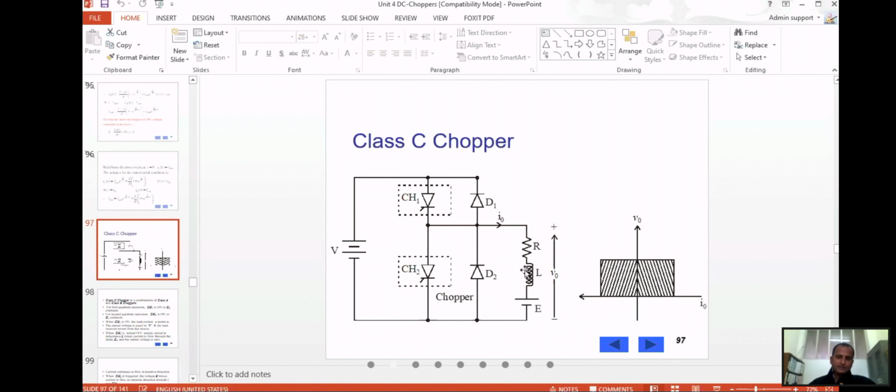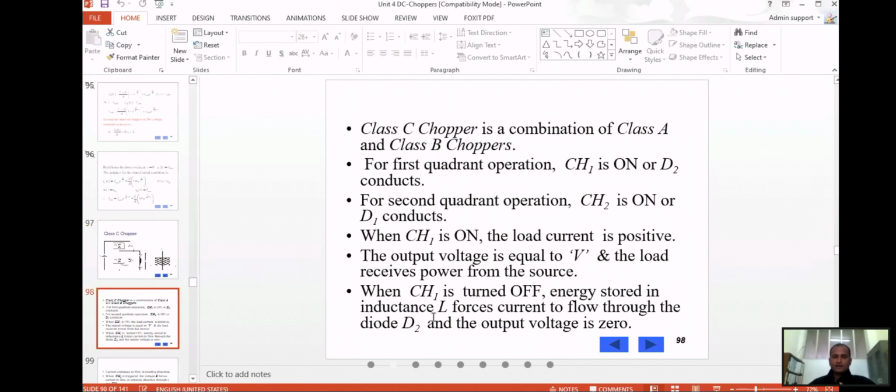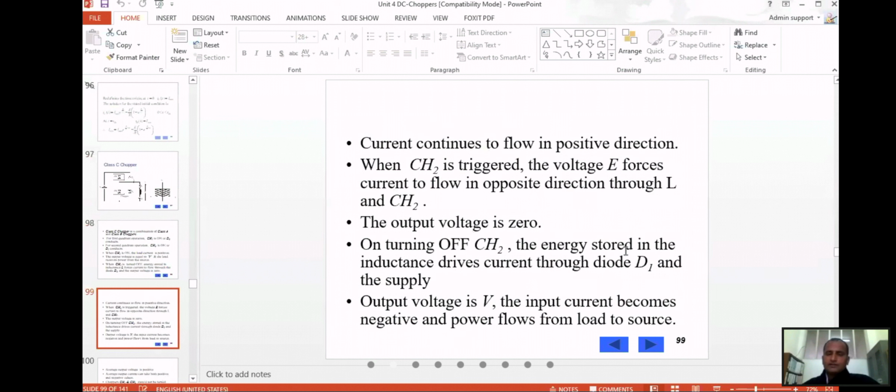So whatever energy is stored during the on period of this chopper, it will try to flow. So at this period, D2 will start conducting, and the output voltage is equal to 0. Current will continue to flow in the positive direction, because it's operating in the first quadrant.